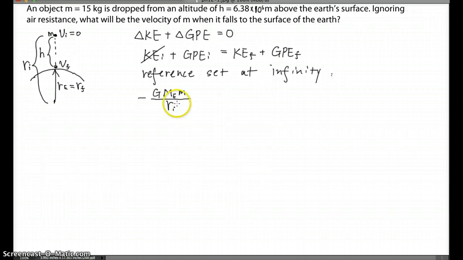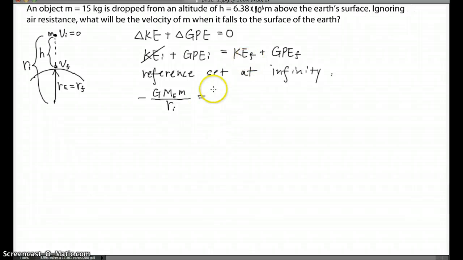Be careful, we do not have the square, otherwise that's going to be the force, and also negative. Only when the reference is set at infinity do we have this formula for the gravitational potential energy. That's GPE initial.